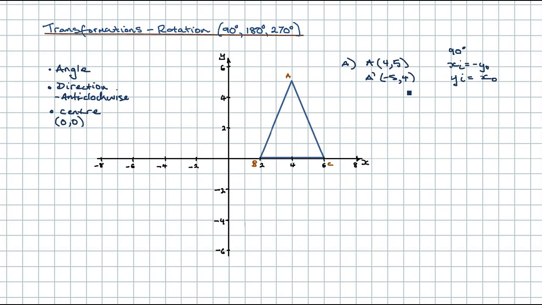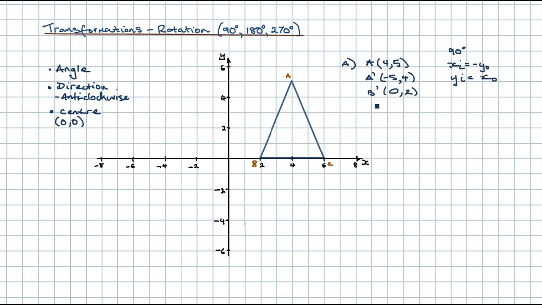Okay, let's do that for the other two coordinates. So B', well, B is (2, 0), so the x component of the image is going to be y, so 0 but negative, so that's just 0. And the y component is simply the x component, so 2.